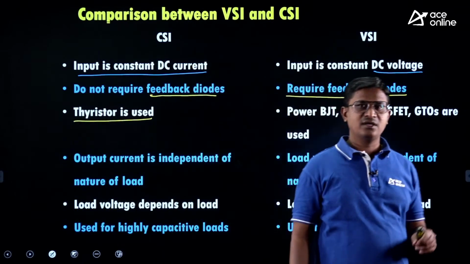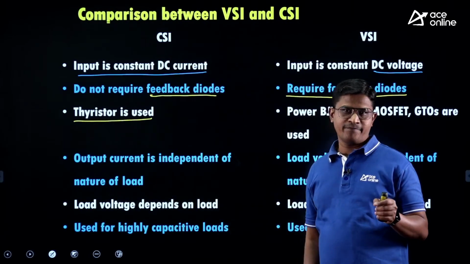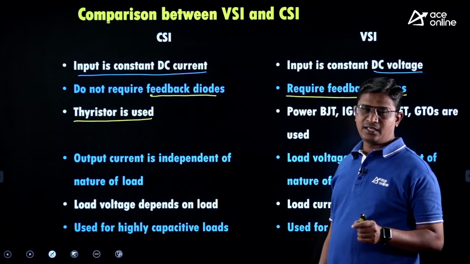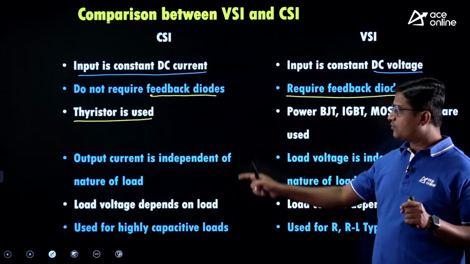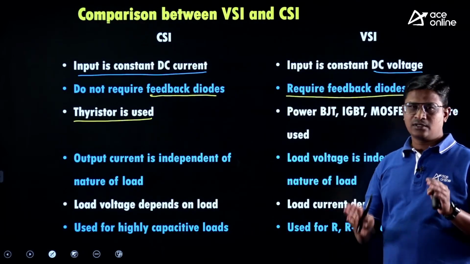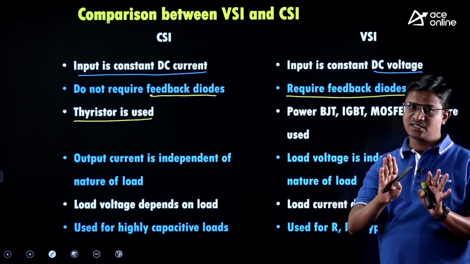Next, in current source inverter the thyristors are used. Generally the current source inverters are preferred for capacitive load. If the load is capacitive and if we use the thyristor, then in order to turn off the thyristor, we do not need additional commutation circuitry. The circuit which is used to turn off the thyristor is known as commutation circuitry.